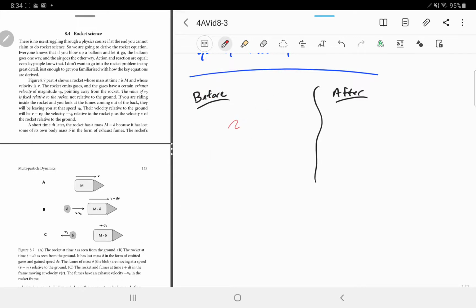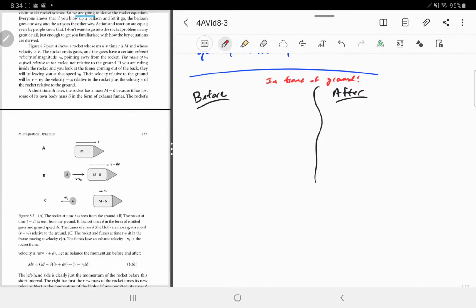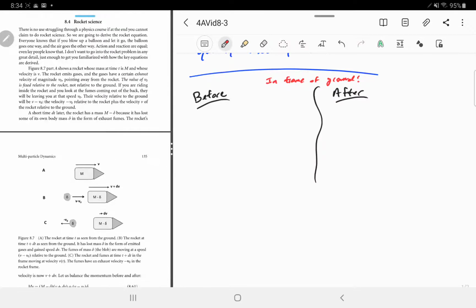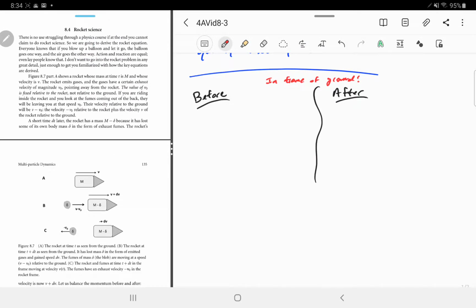Okay, so the before picture, and this is going to be all in the frame of the ground. It's never a bad idea to specify, because actually this book makes these pictures kind of confusing. So I'll go back and talk about the pictures the book has after we talk about this, because they have 3 and we're only going to draw 2 pictures.